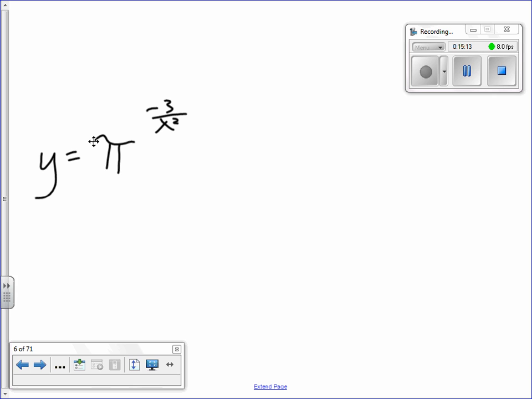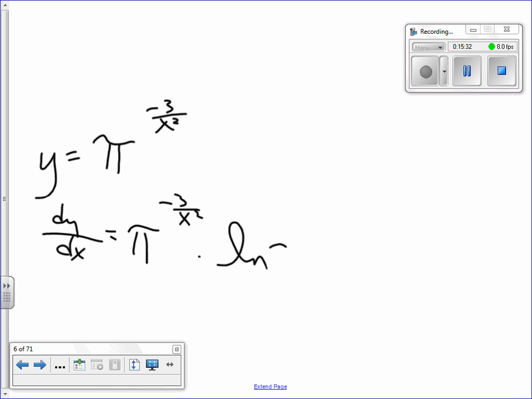Well, when you take the derivative of the exponent, when you get to that, this is an a to the u, okay? So you copy. Then I'm going to let you guys do this. Then what would the next part be? ln of pi. That's your ln of a, right? Derivative of the exponent.